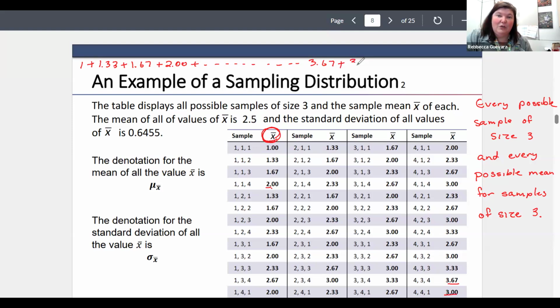So if I added all of those up and then I divided that by my number of samples, which is going to be 1, 2, 3, 4, 5, 6, 7, 8, 9, 10, 11, 12, 13, so that is going to be 39 different values that I got here. If I added up all those means and I divided by how many different samples I have with size 3, I should end up again with, sorry, 2.5.